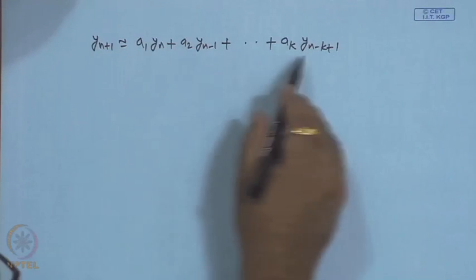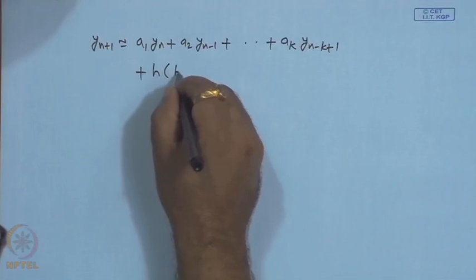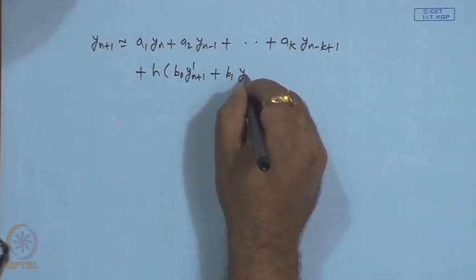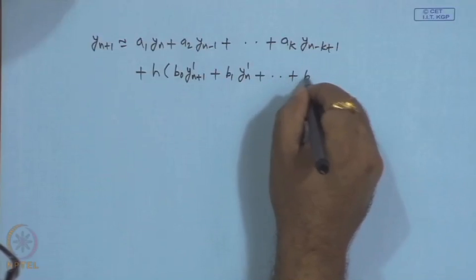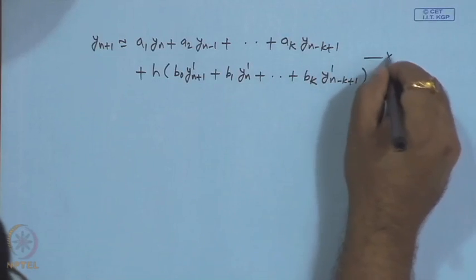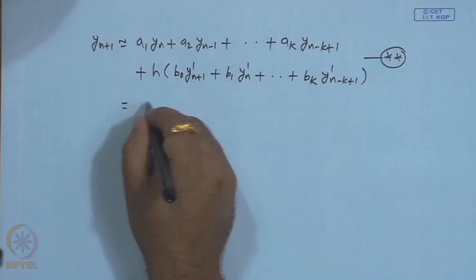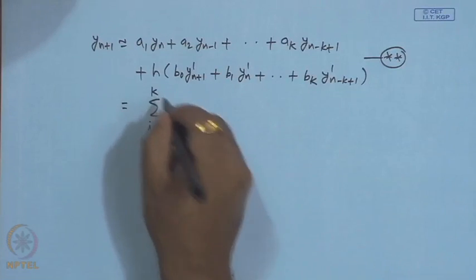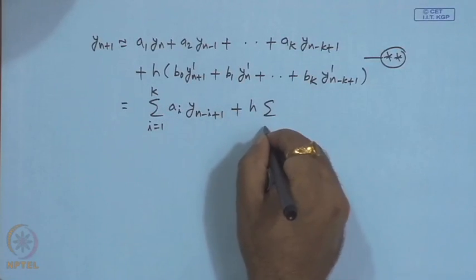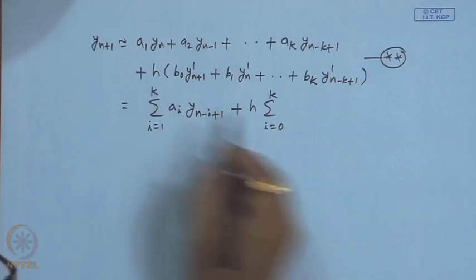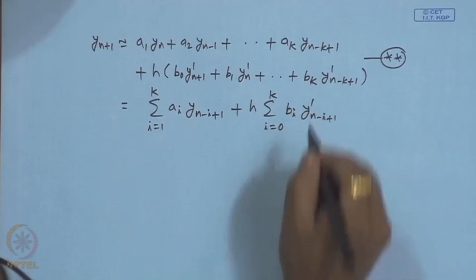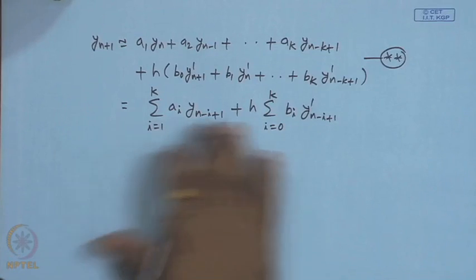So, this is function values at past points plus h times, explicitly writing the phi, which can be written as a sum where i is 1 to k, and here we are including 0 as well, for the derivative. So, this is a more general method.